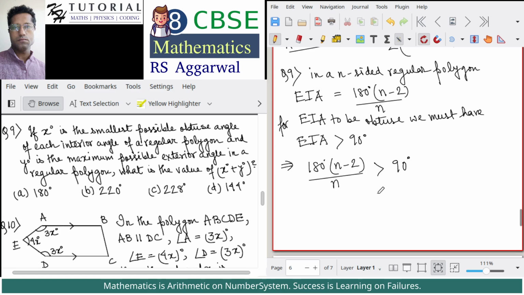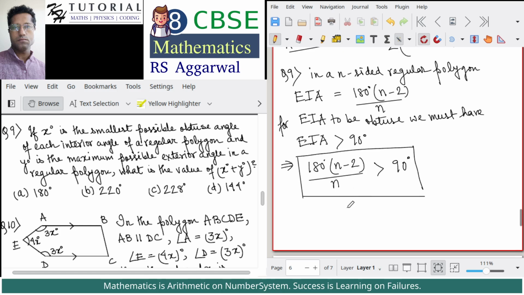So from this inequality, we have to find the least value of n such that the LHS will be greater than 90 degree.